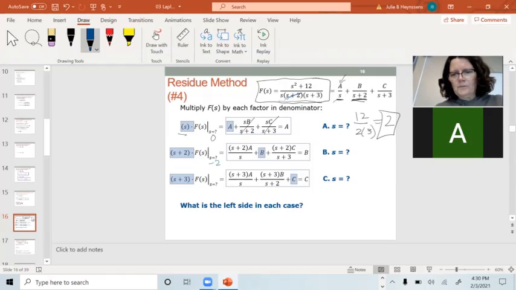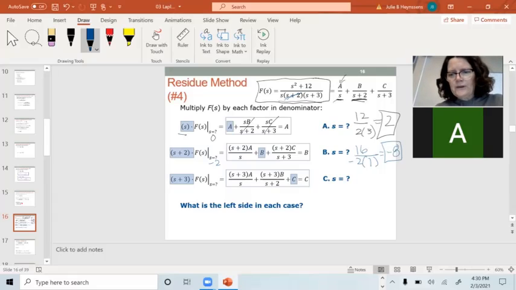Minus 2 squared is positive 4, plus 12 is 16. And the denominator would be minus 2 for s times negative 2 plus 3 is positive 1. So I get negative 8. Really quick to find these, and your calculator will do it too, if you learn how to train your calculator.